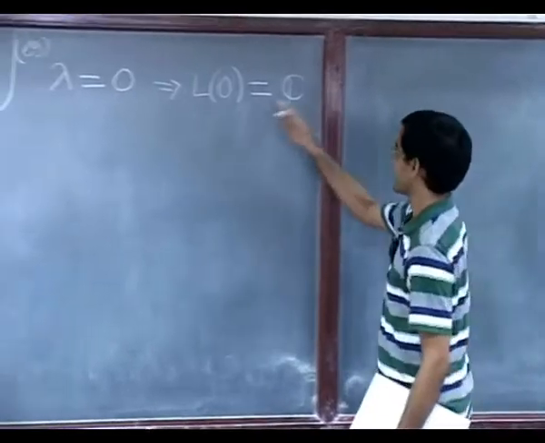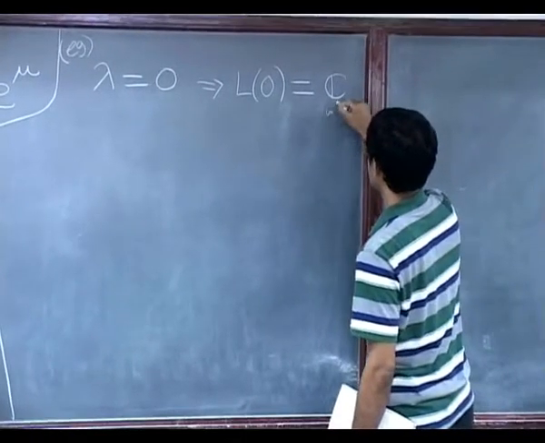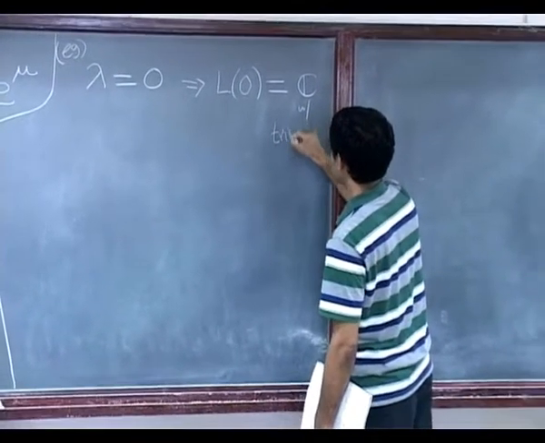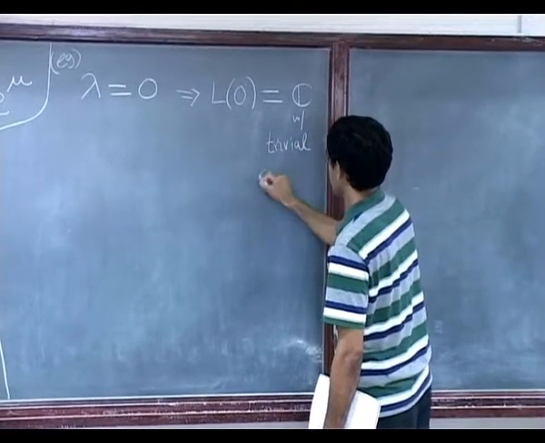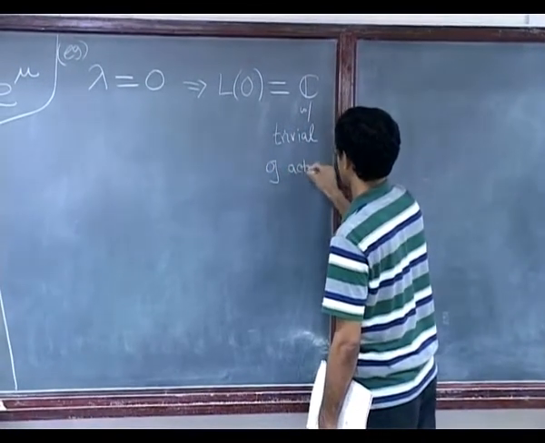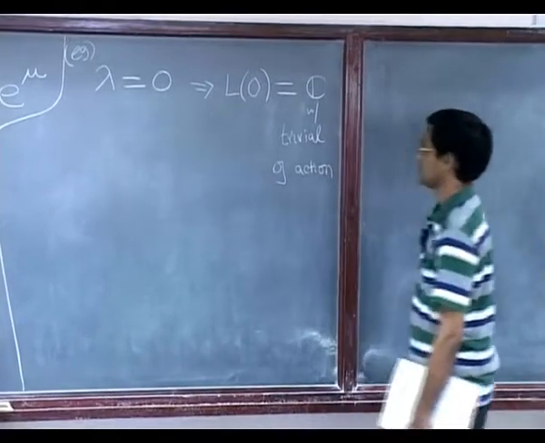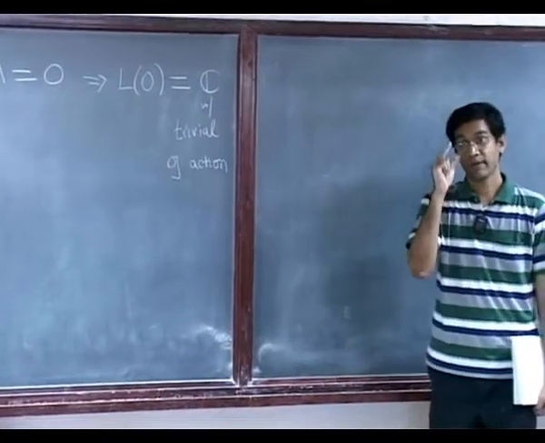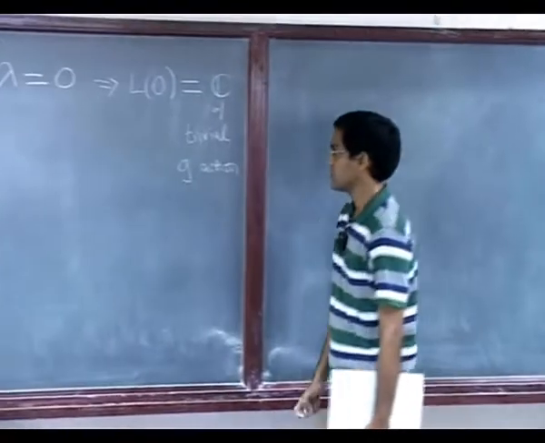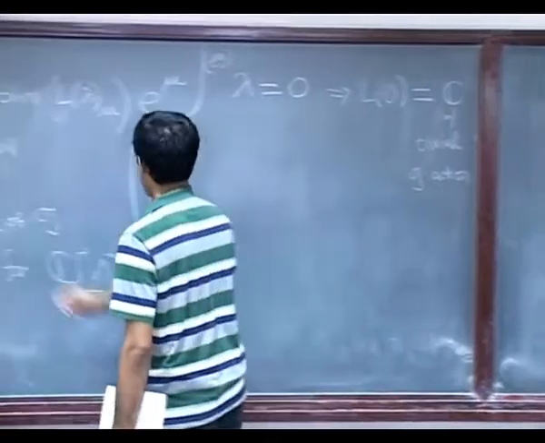When I write just C, I mean with the trivial action, everything acting by 0. So it is a one-dimensional representation, and so one can of course apply the Weil character formula.